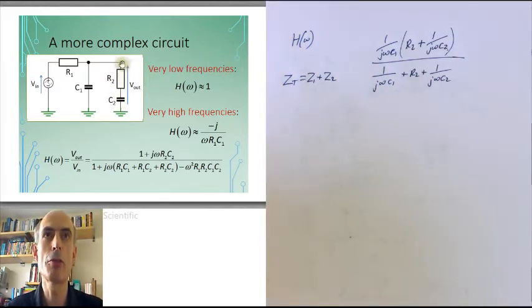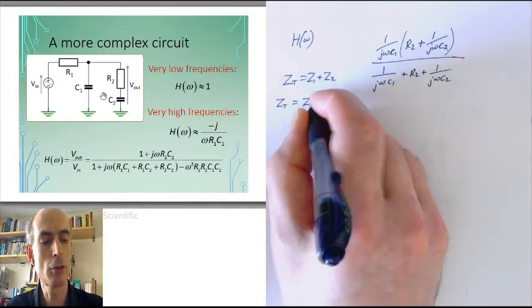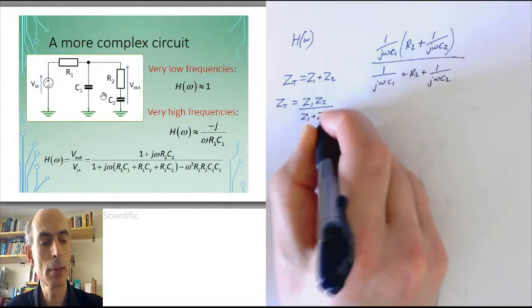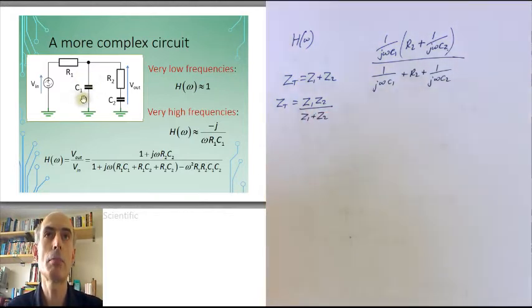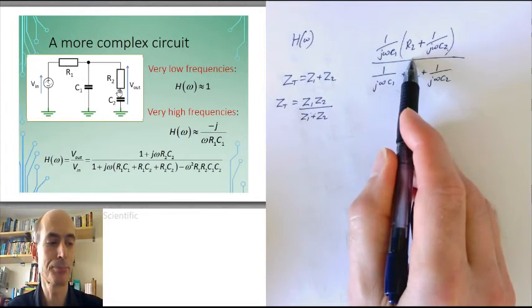And having got the impedance of these two components, R2 and C2, just used the formula for the impedance of two components in parallel, and taken the impedance of C1 and the impedance of these two components in series and put them into this formula and ended up with this.